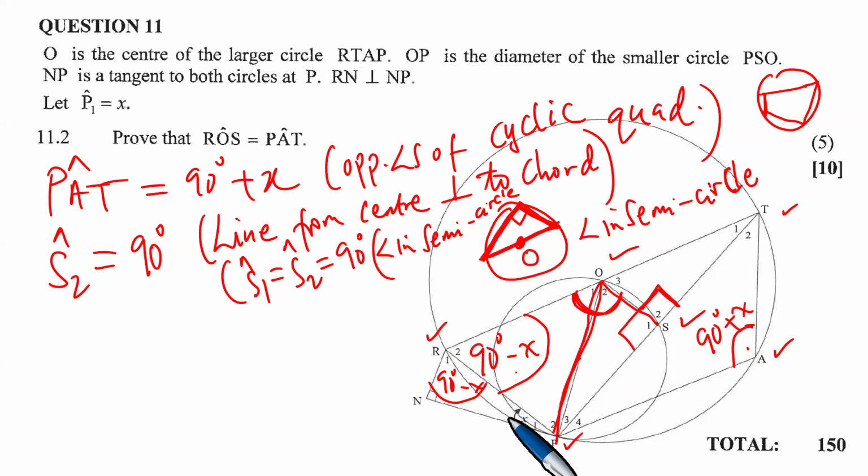What is the size of the angle ROS? There are a couple of things that you have already seen. I want us to tell what this angle ROS is. The angle ROS at this point is exactly 90 degrees plus X.